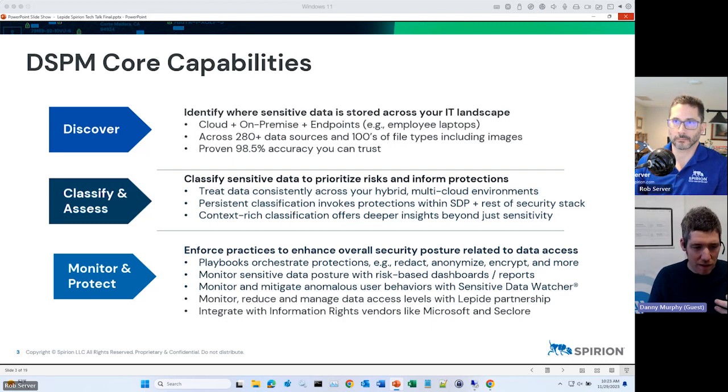Are they copying the data? Are they overexposing it by sharing it? Are they deleting data that's still required for basic business operations? So really understanding who's doing what with the data gives us complete coverage from a visibility perspective.